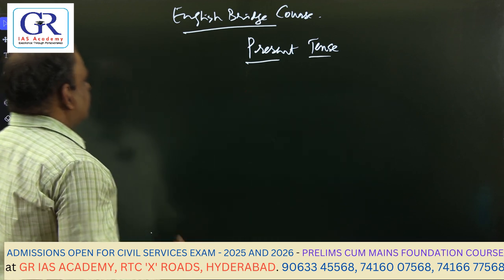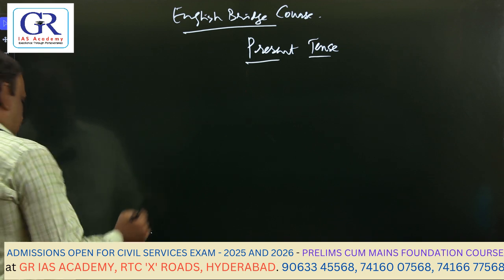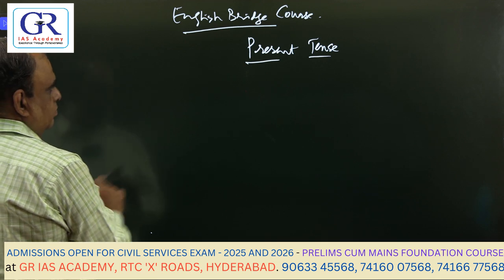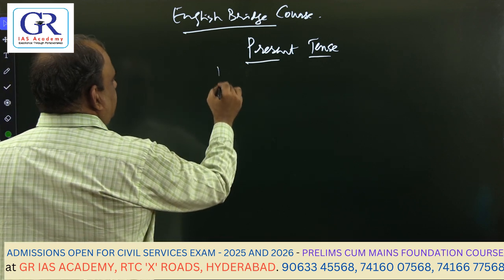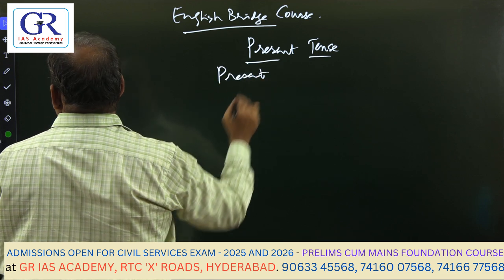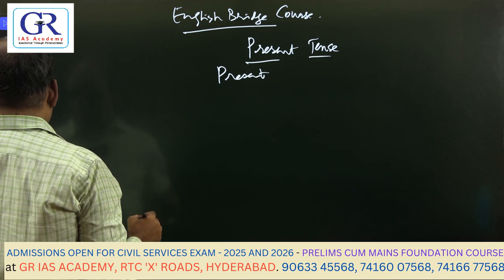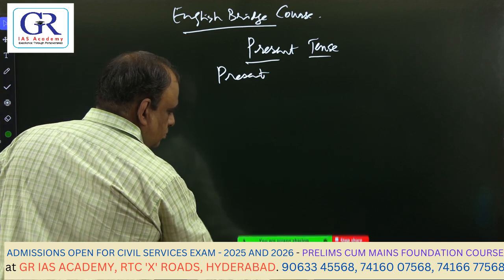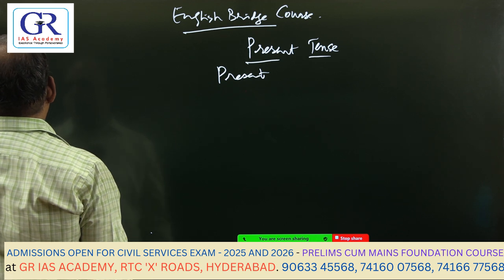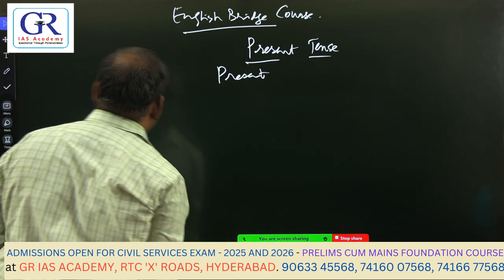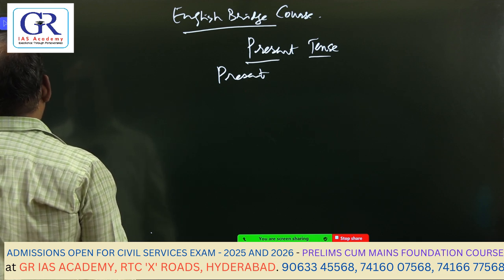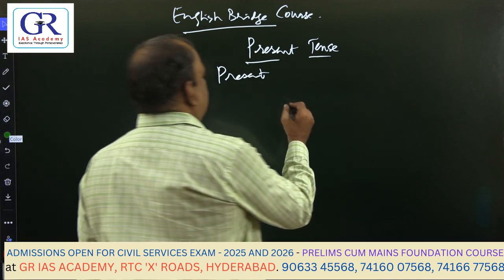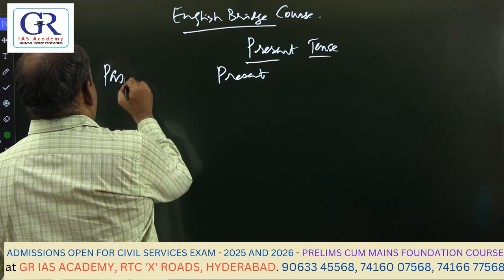So, we have understood that there are three types of tenses. They are present, past and future.